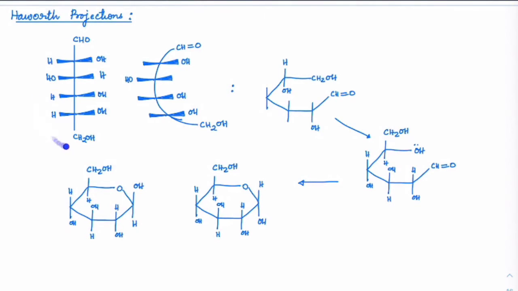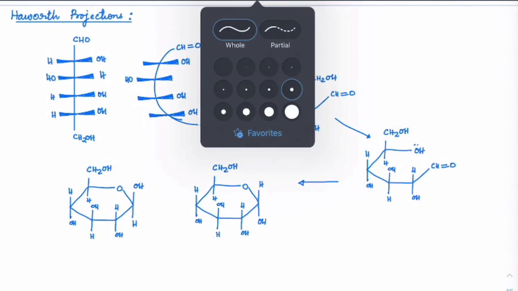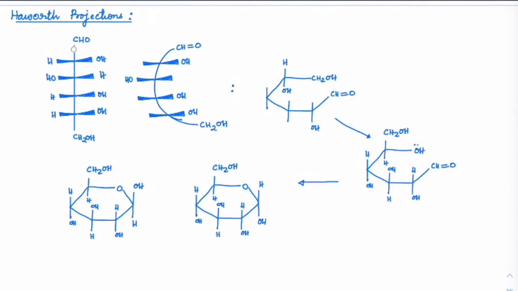First of all, you can see this is the structure of glucose. In the glucose structure, if you recall, for this vertical line the groups go inside, and on the horizontal line they come outside, correct? So three dimensionally, if you figure out the Fischer projection, this is what it is.